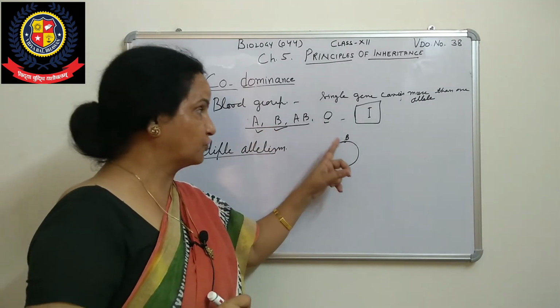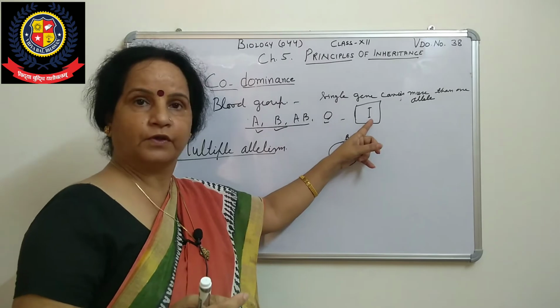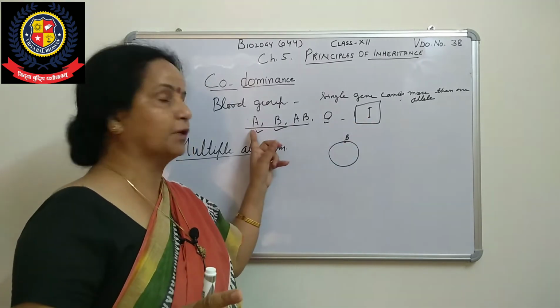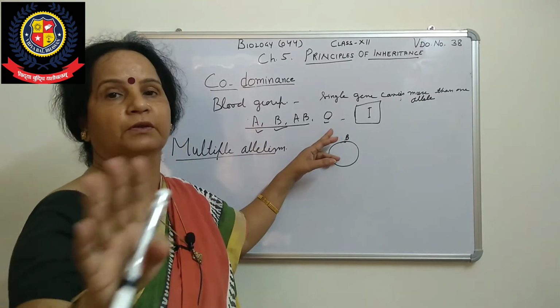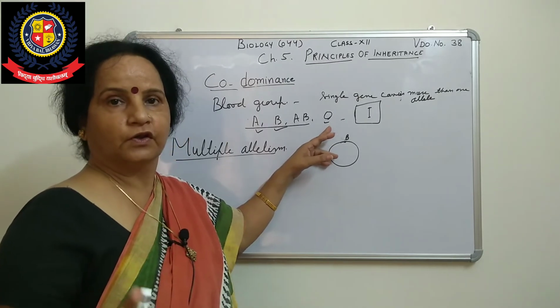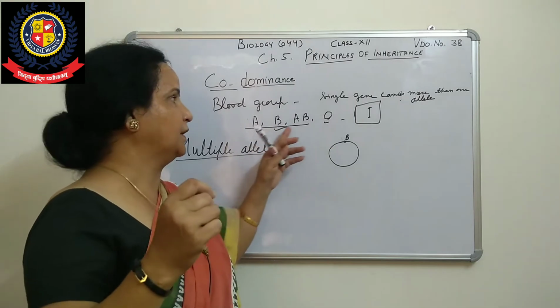The formation of that sugar is because of the gene I. So I is responsible for the formation of A sugar polymer or B sugar polymer, or sometimes no polymer, no sugar. O represents that no sugar is there. So the three main blood group alleles are A, B and O.